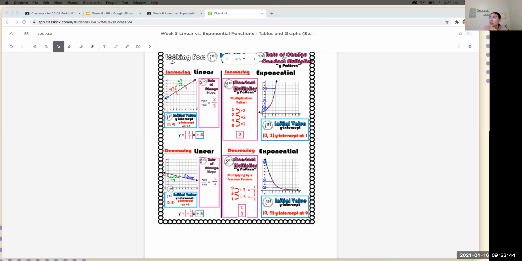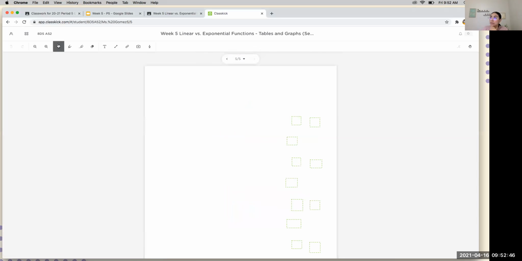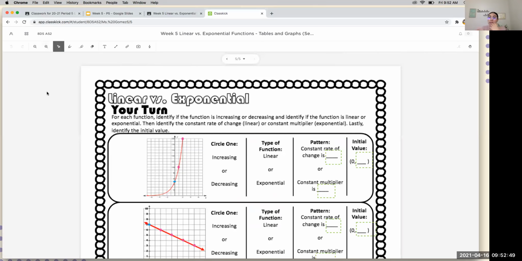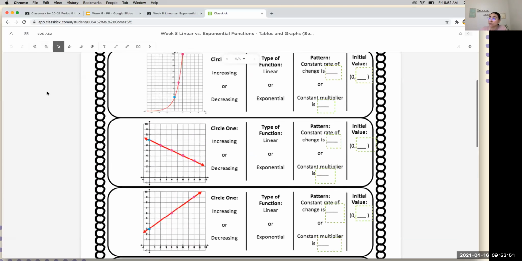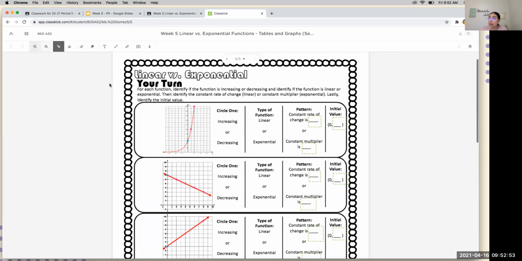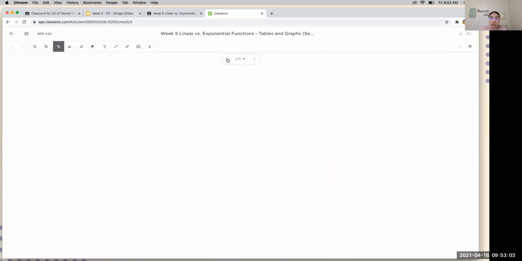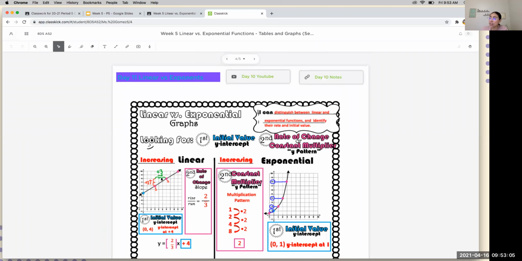All right, let's go ahead and move on over to the your turn. So we have 4 different graphs. And for each graph, I'm asking you to tell me if the graph is increasing or decreasing. That's actually the easier part. That's just looking at the shape. You don't really have to do any calculating there. Look at your shapes. Going upwards means increasing.